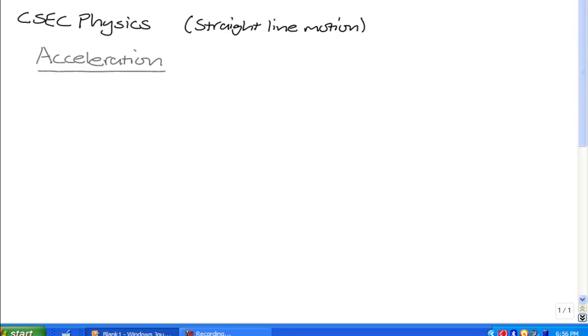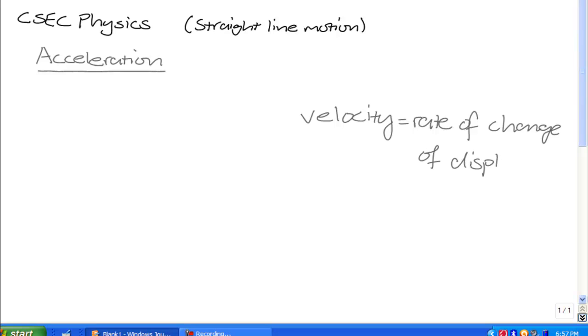Now remember we said that the rate of change of a physical quantity is how the physical quantity varies with time. So if you remember, velocity is equal to the rate of change of displacement, right? Which is how quickly the displacement of an object changes with time.